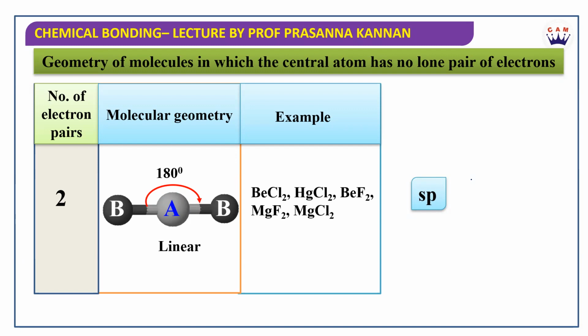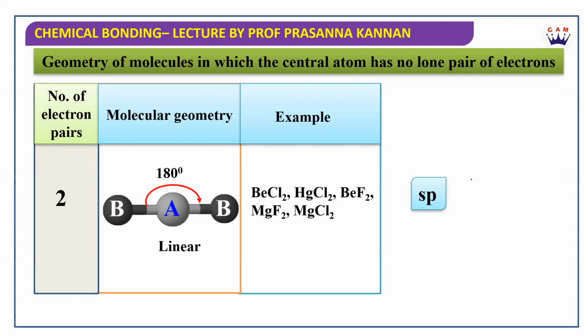So here we are talking about only bond pairs. Where there are two electron pairs, you have the formula AB2. Examples are beryllium dichloride, mercuric chloride, magnesium difluoride, magnesium chloride, etc. What kind of hybridization do all these undergo? sp hybridization. sp hybridization leads to a linear structure. There is a connectivity between hybridization and structure. We will review hybridization once again after completing VSEPR.